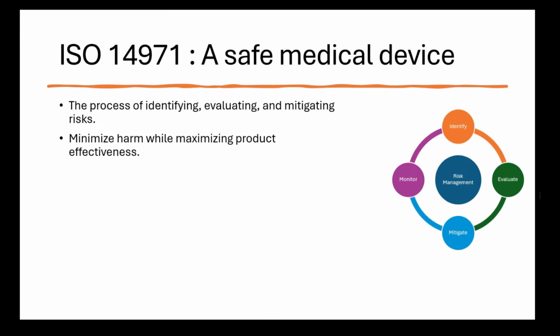And then once the product goes from production to market launch, you go into a monitoring phase where you are supposed to continuously monitor the risk in the field. In simple terms, it's all about safety and compliance, where we are supposed to minimize harm while maximizing product effectiveness.